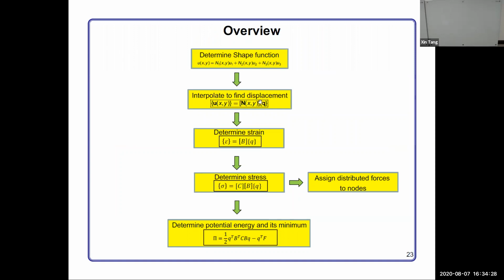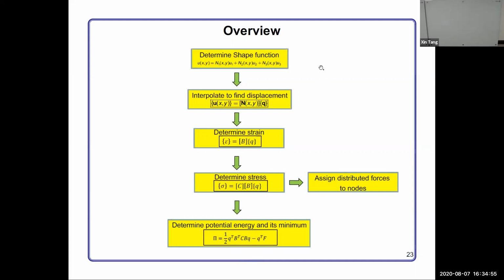In the next lectures, we will also talk about different types of elements, such as rectangular elements, but we will follow the same logic. For the other elements, we will also start with the shape function and then determine the displacement by interpolation, then determine the strain and stress, talk about how to assign distributed force to the nodes, and then determine the potential energy and its minimum.